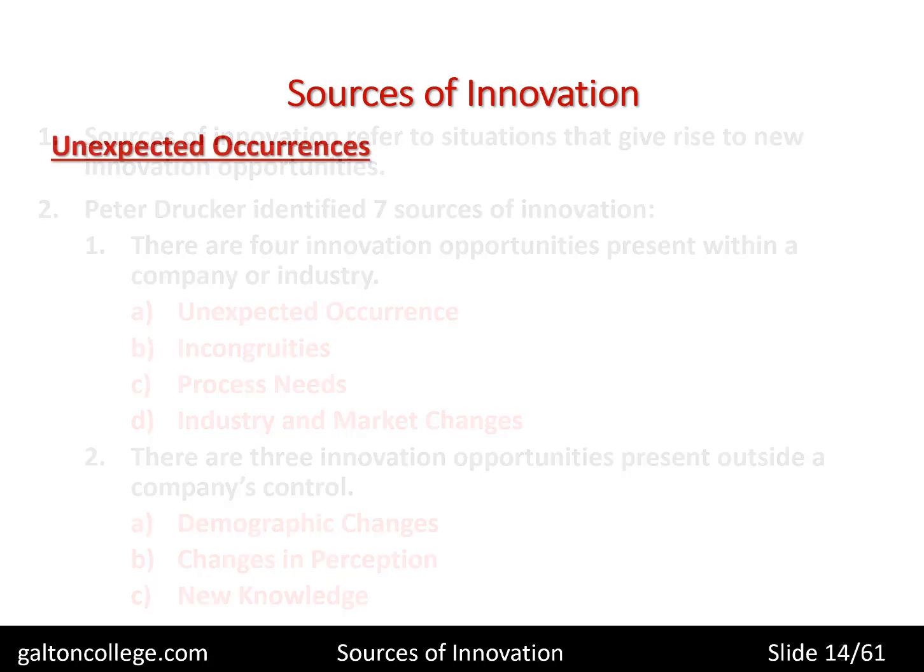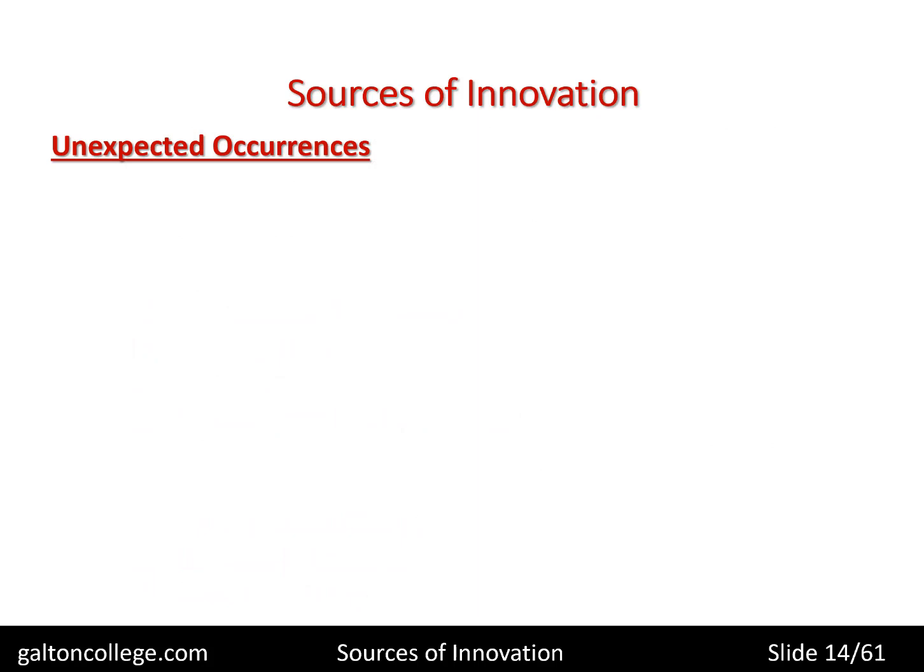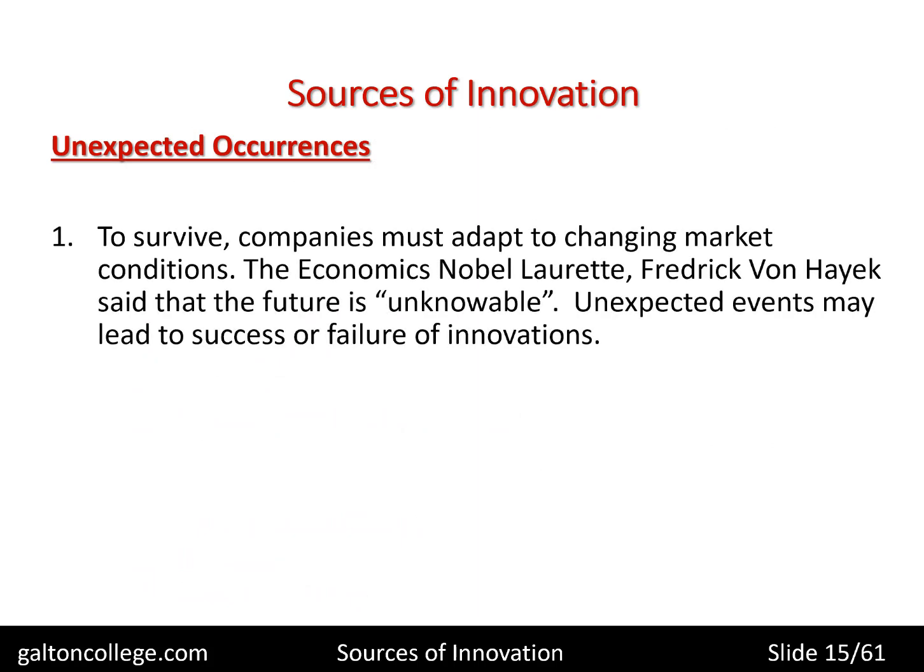So let's start with unexpected occurrences. To survive, companies must adapt to changing market conditions. Friedrich von Hayek, the Nobel laureate and famous economist from the Austrian tradition, once said that the future is unknowable.